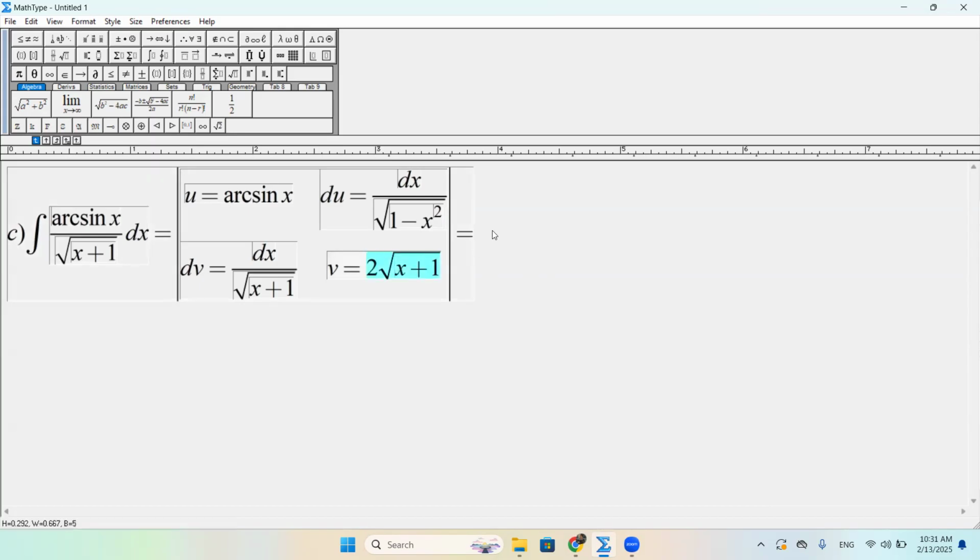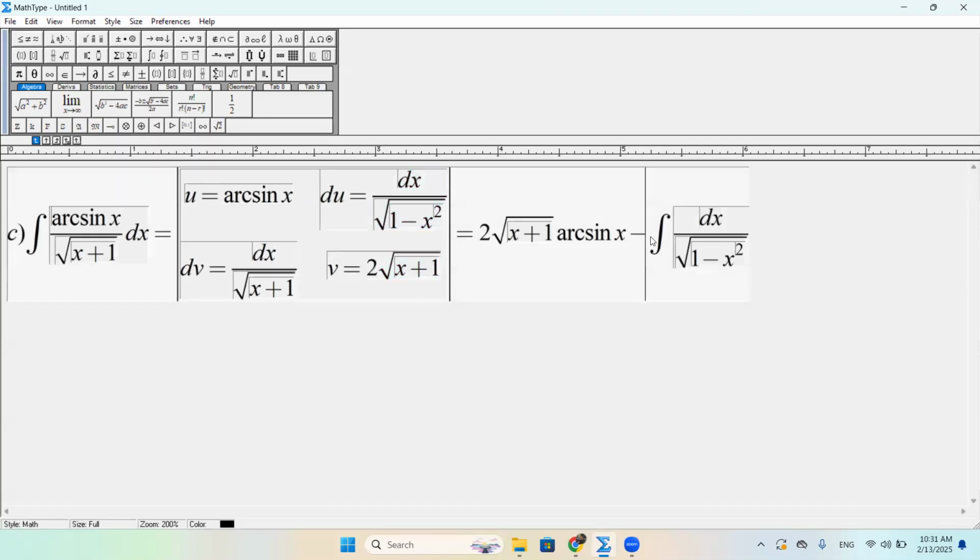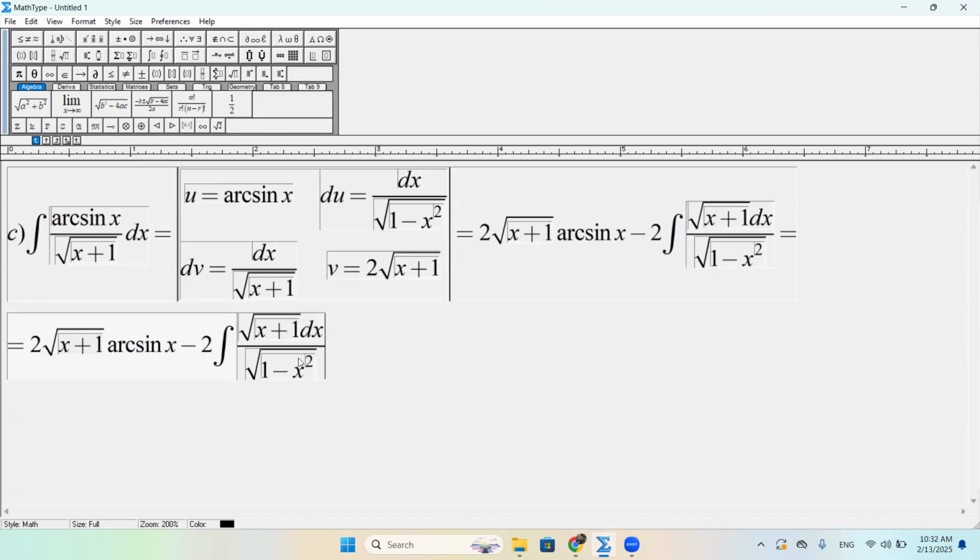So 2 square root of x plus 1 multiplied by arc sine of x, minus the following integral. So now we can do some manipulations with this integral, transform it a little bit.